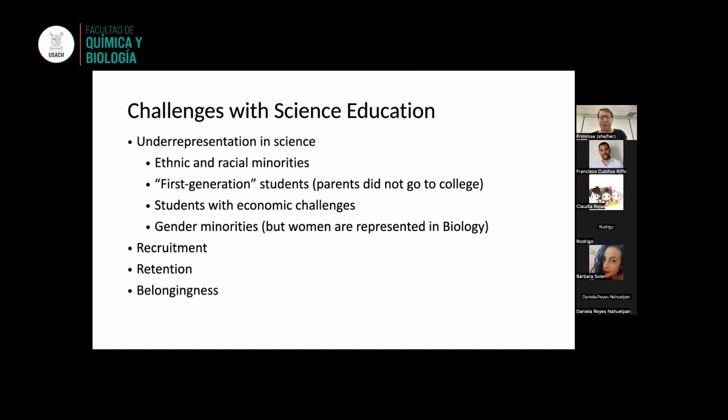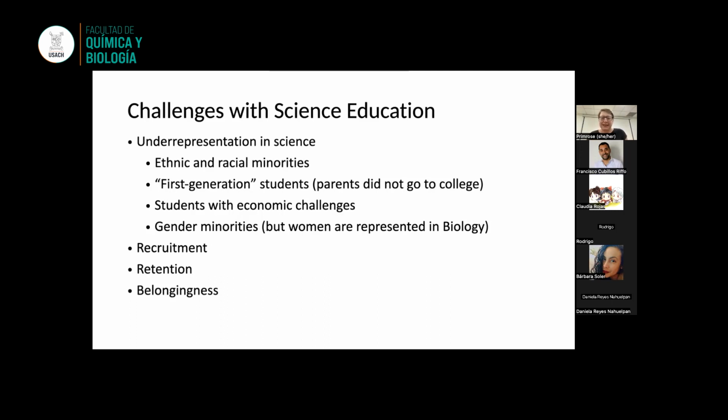So ethnic and racial minorities, students whose family members did not go to college, did not study science, students who have economic challenges, who maybe have trouble affording their education or the expenses associated, gender minorities, although I should note that at least in the United States, women are well represented in biology. Other gender minorities and sexual minorities are not, but women are.